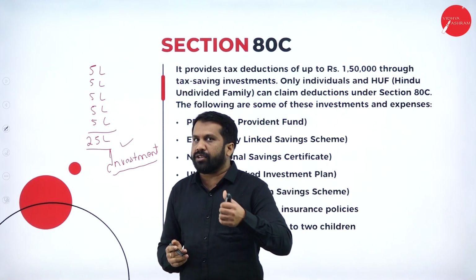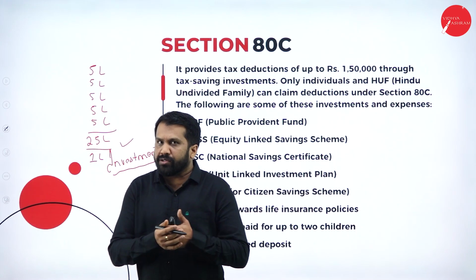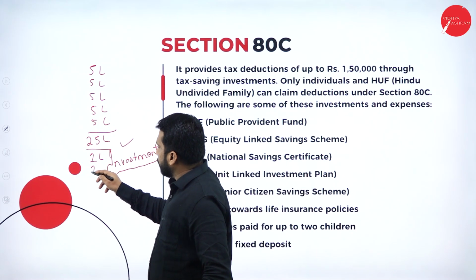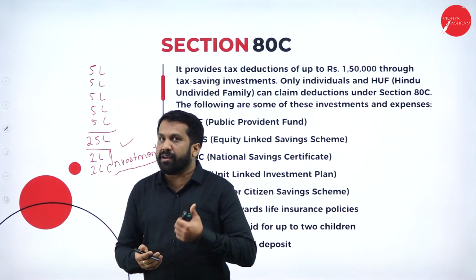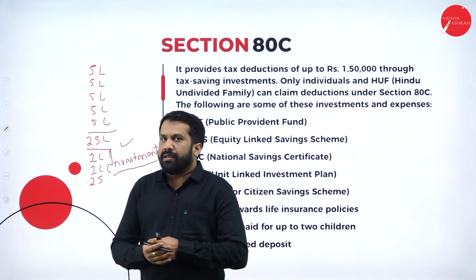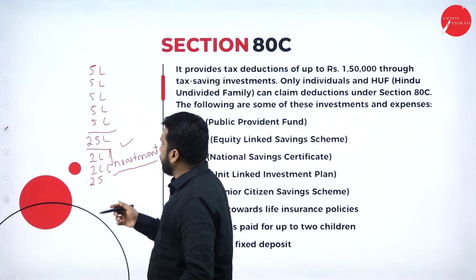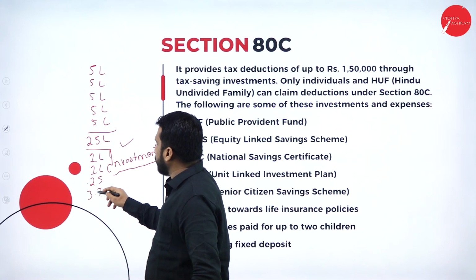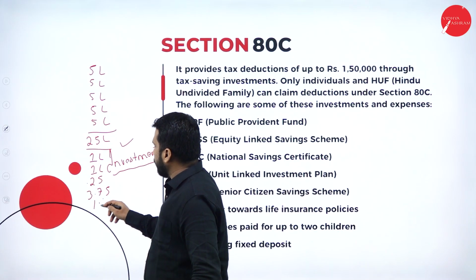Assume that you have invested in LIC 1 lakh, you made a donation to some charitable trust, some 1 lakh, and you made a Mediclaim policy for your health insurance around 25,000, and you're paying a housing loan. On that interest, you're paying some 3,75,000, and some other investment you made for 1 lakh.